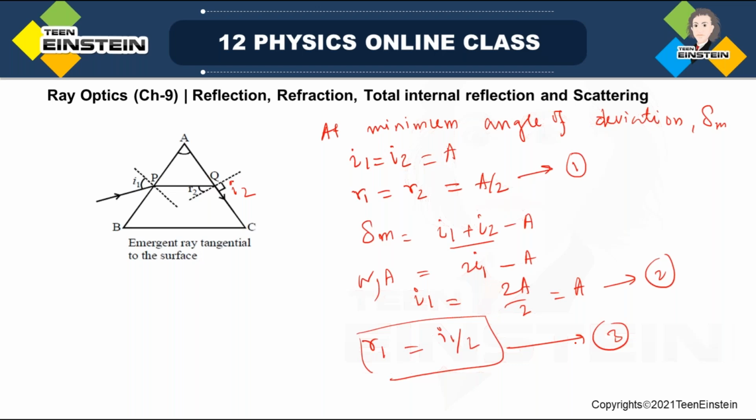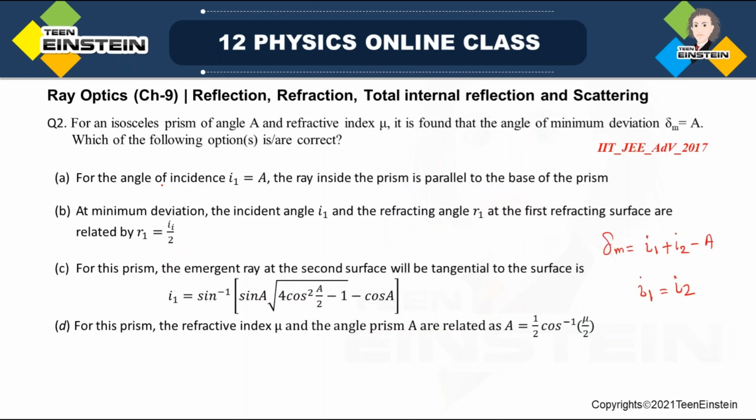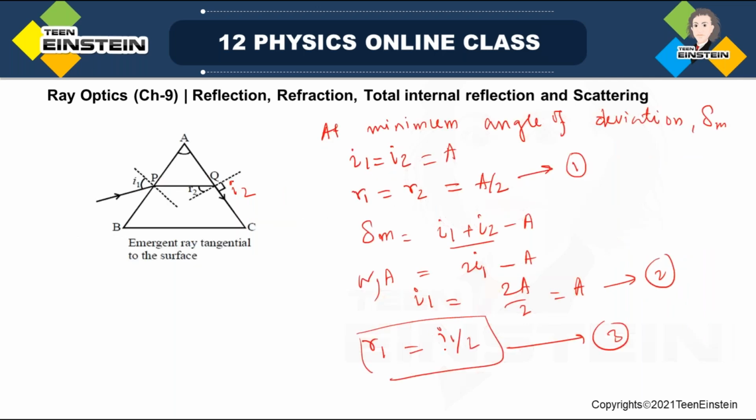Now look at the options. The first option says for the angle of incidence I1 equal to A, the ray inside the prism is parallel to the base of the prism. Actually, this is true, because when I1 is equal to A, since delta M is A, R1 and R2 are equal, and that is I1 by 2 or A by 2.